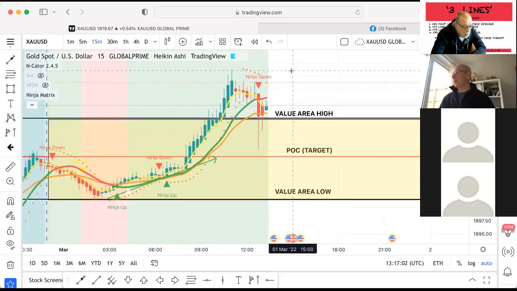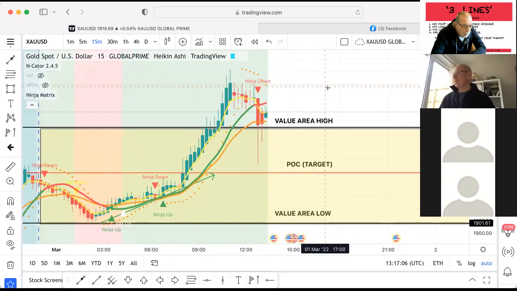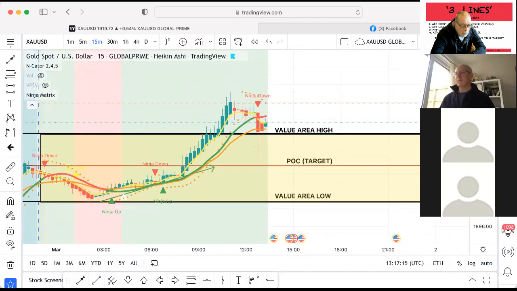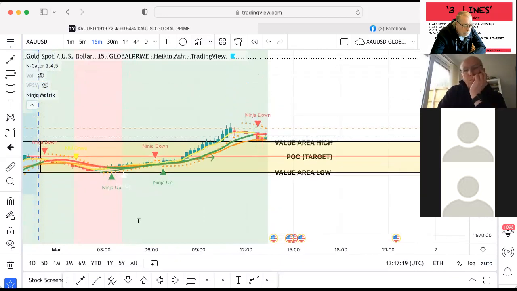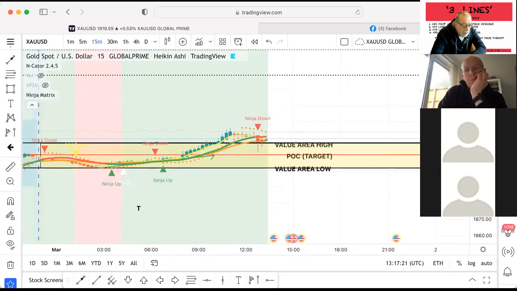just looking at this chart, I don't really have a target for a take profit. Let me see if I can just move you guys out the way and focus in a little bit. No, there are no real targets. You see that black dotted line up there? That's a potential target. That's a previous high from quite a few days ago.